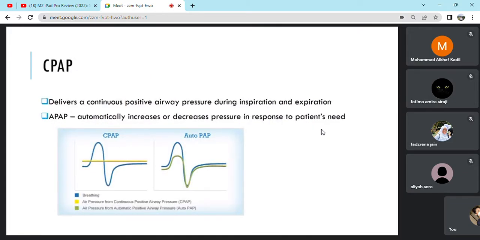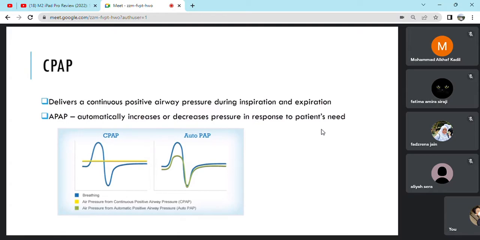And then of course, these are the common devices that you commonly have. So your CPAP will deliver a continuous positive airway pressure during inspiration and expiration. If you look at this graph in your CPAP, this is the air pressure from the continuous positive airway pressure.